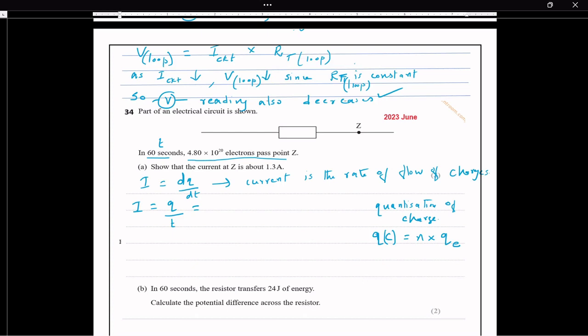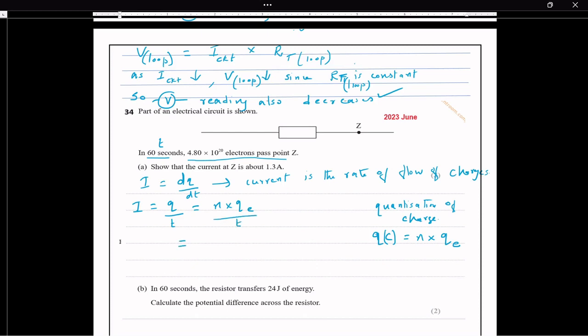This is the equation I'm going to use. So what is the total charge? When 4.8 times 10 to the power of 20 electrons are passing. So current is N times charge of an electron over T.